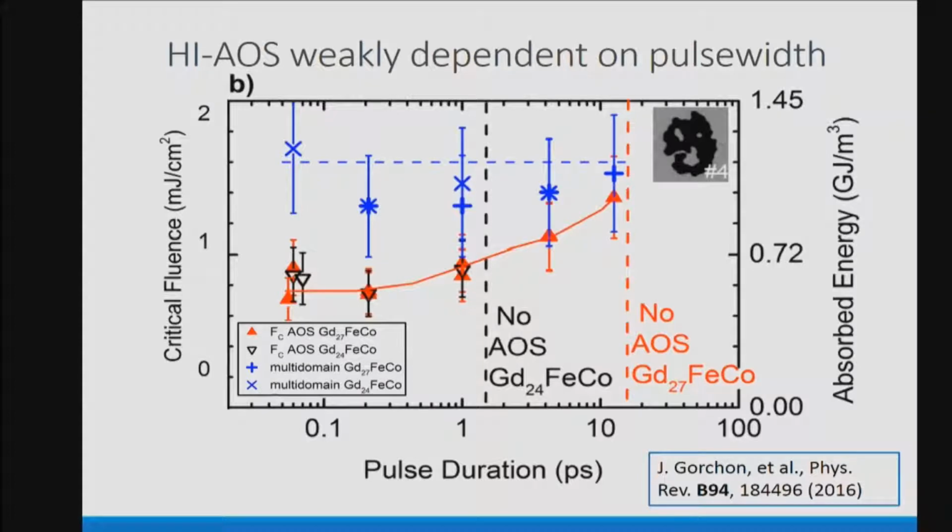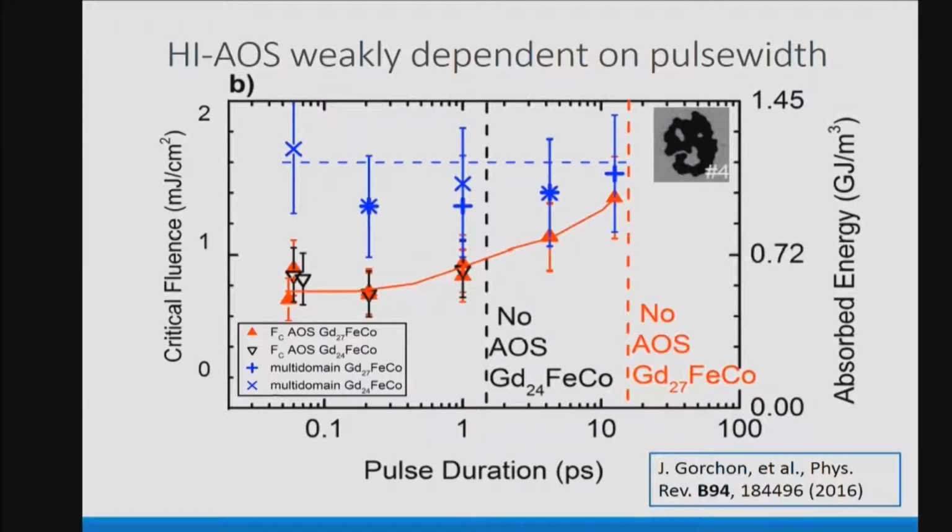And actually, what was even more surprising, just focus on this red curve, we looked at the total amount of energy density. By the way, there's a minimum critical energy density needed in order to induce this switching. If the laser pulse energy is less than that, you don't get switching. If the laser pulse energy, and that's down here, is above the critical energy density, you do get switching.